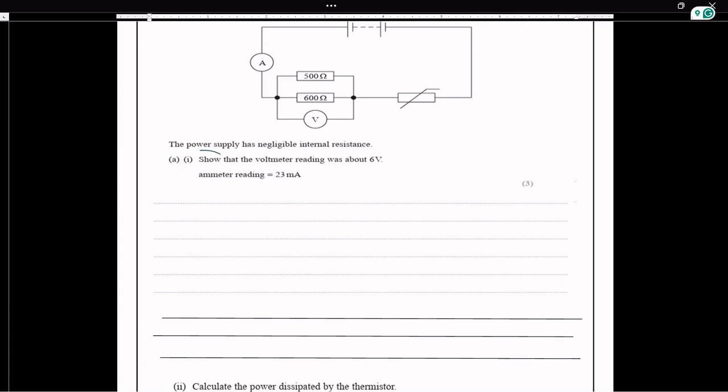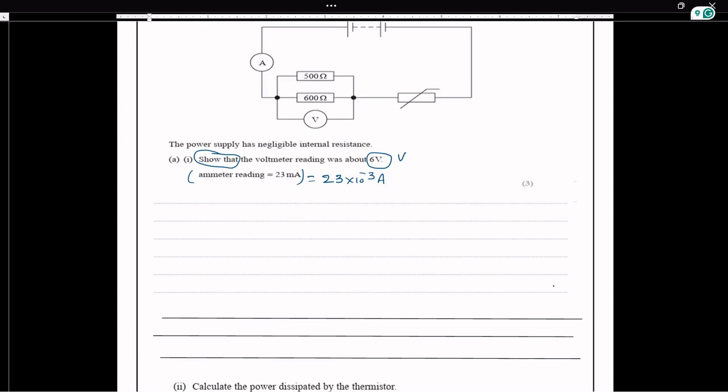So the question is again to show that the voltage is 6, and given the ammeter reading. So the current is given as 23 milliamps, which is 23 times 10 to the power of minus 3 amps. Then here you can see that there are two resistors connected in parallel, and the voltmeter is connected across this parallel combination.